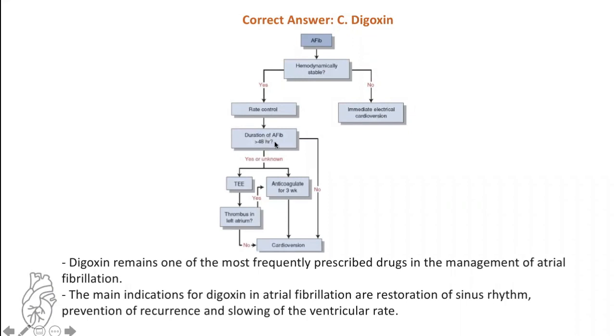Whether it's more than 48 hours, if it's more than 48 hours, you would do TEE and rule out the thrombus, and if there is no thrombus, you can cardiovert. Or you can do anticoagulation for 3 weeks and then cardiovert. But if the duration of atrial fibrillation is not more than 48 hours, then you cardiovert them.